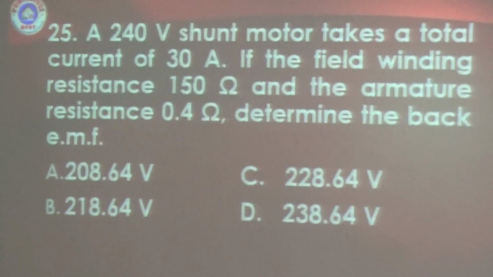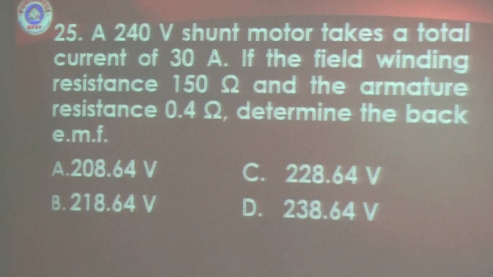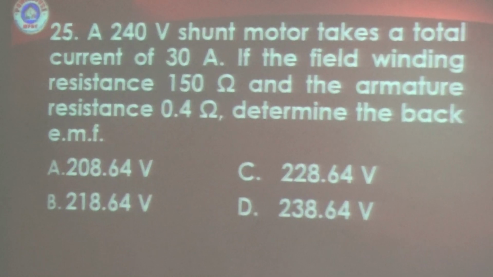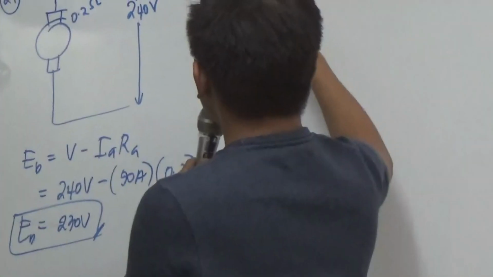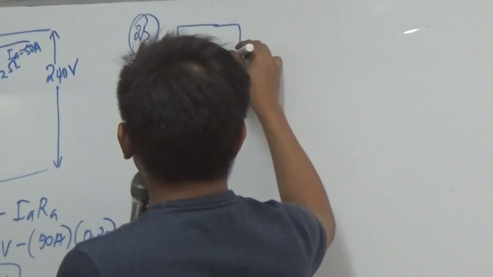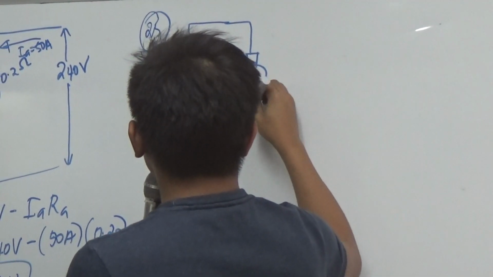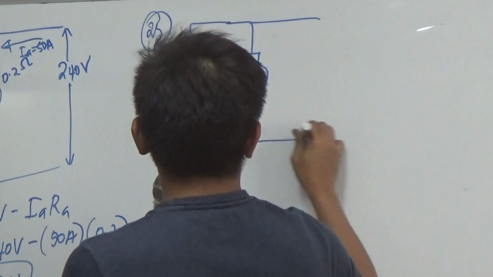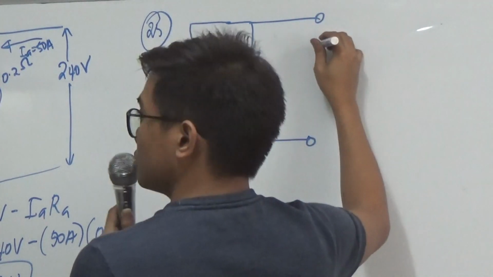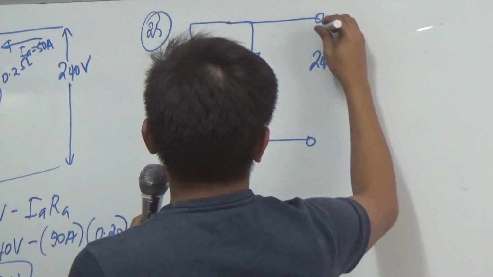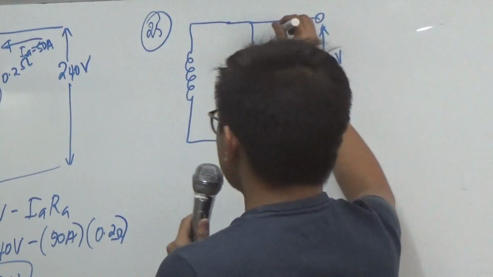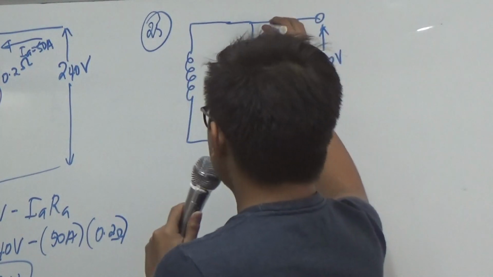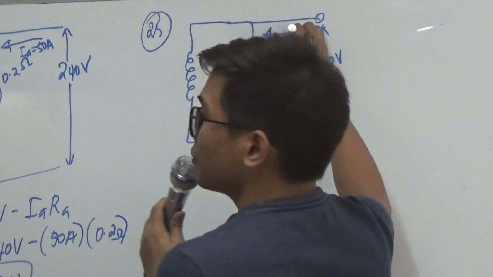Example 25. A 240 volt shunt motor takes a total current of 30 amps. So, meron lang shunt motor. 240 volts takes a current of 30 amperes.